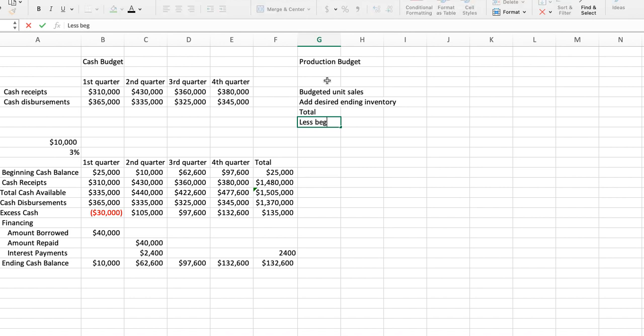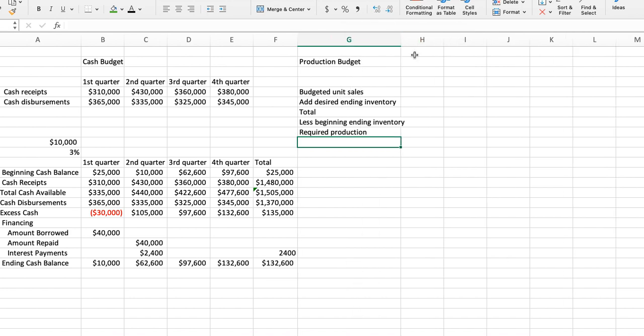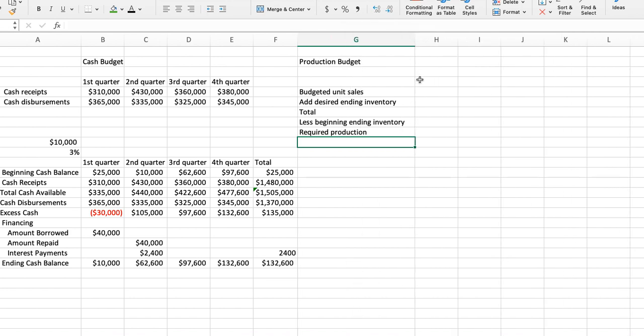And then we had some in the beginning, so we less our beginning inventory. I'll explain this as we go through it. And then we have our required production. And then we have to do direct materials, but this just gives us our production. So this is a way to get started with this.